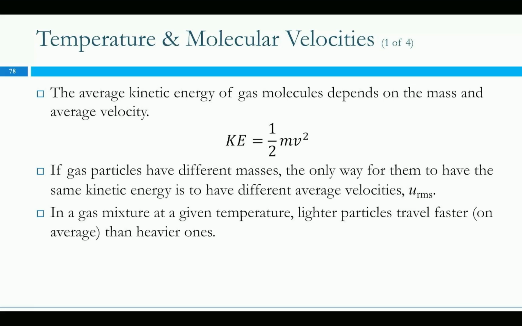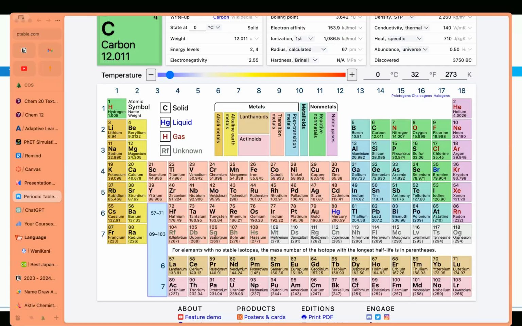So the mass of the particles is not always the same. Right? I can go to the periodic table and we could look at just even the noble gases, like neon's 20, argon's 39, almost 40, 83, 131. Iodine as a gas would be 126, right? So in a gas at the same temperature, these would all have the same average kinetic energy.